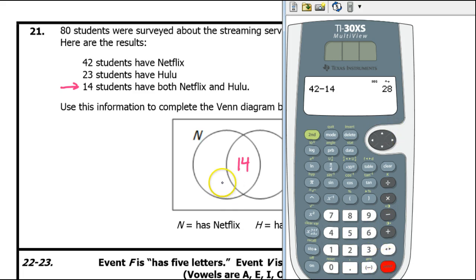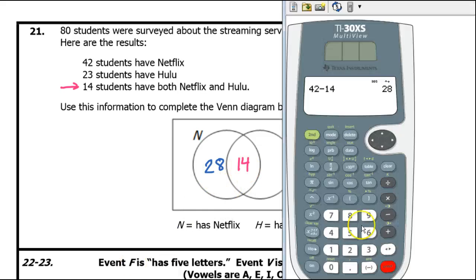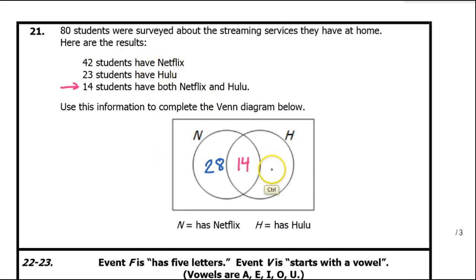And that is 28. So 28 goes here. Now if you look at the Netflix circle, you see 28 and 14. Guess what you get if you add 28 plus 14? We get 42. That's how many students have Netflix. So that's correct.